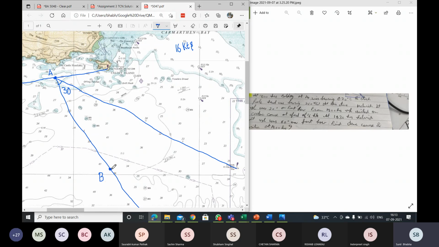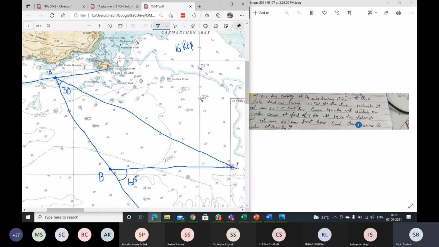So let me draw the bearing of the Helvig light vessel. And this angle is 60 degrees. So up to here, everybody okay, beta? Yes, sir.